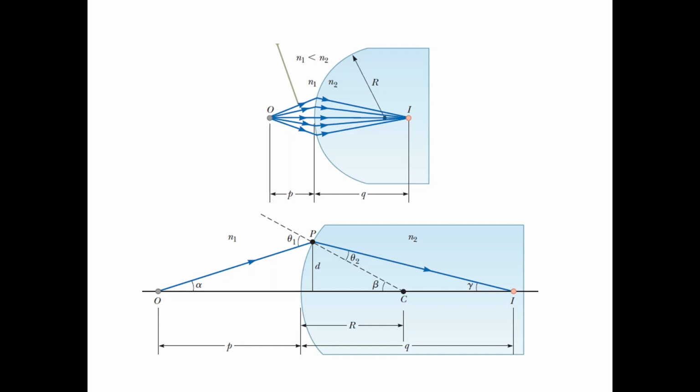So previously, if we had reflection from a mirror, light intensity more or less was the same. It was not reducing because all light was reflected.